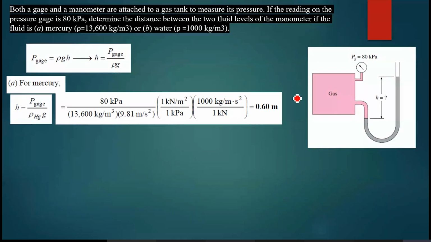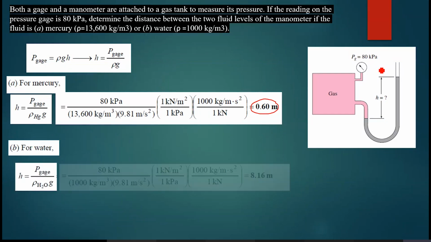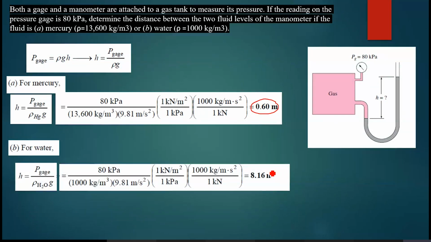So for mercury, the height comes out to be 0.60 meters. And when I calculate the same thing for water, it comes out to be 8.16 meters, which is much greater than 0.60. I'm interested in how this height would change as I change the density of the material.